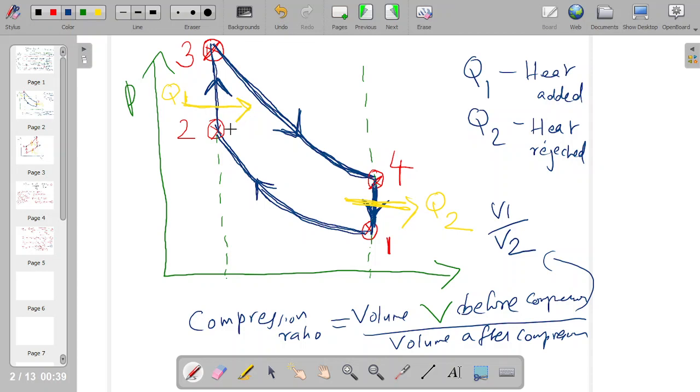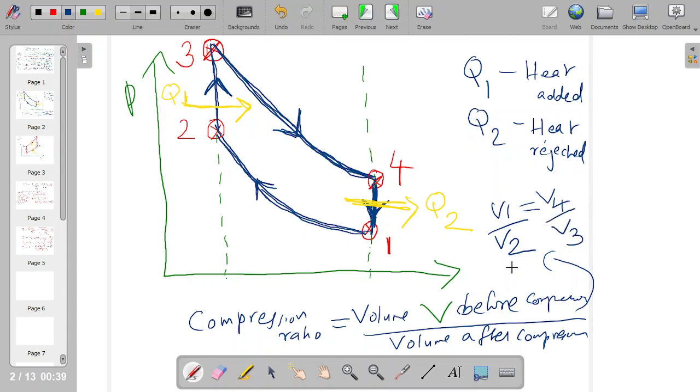If you see the figure again, V1 is the same as V4 and V2 is the same as V3, because we have two constant volume processes. So the Otto cycle works between two volume levels only, this volume and this volume. So V1 by V2 is the same as V4 by V3.